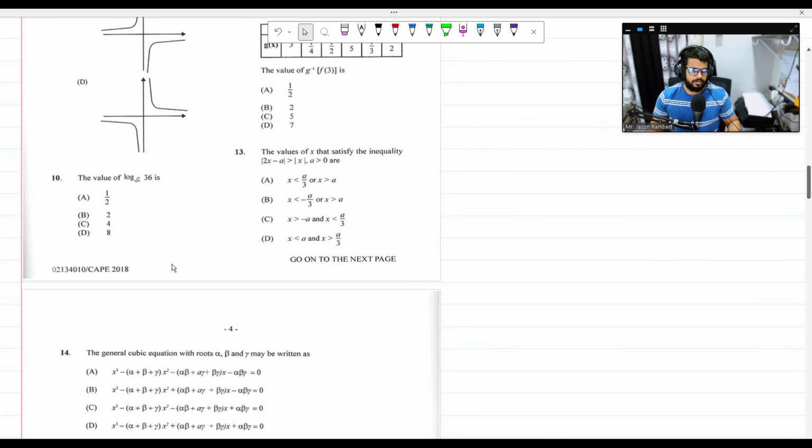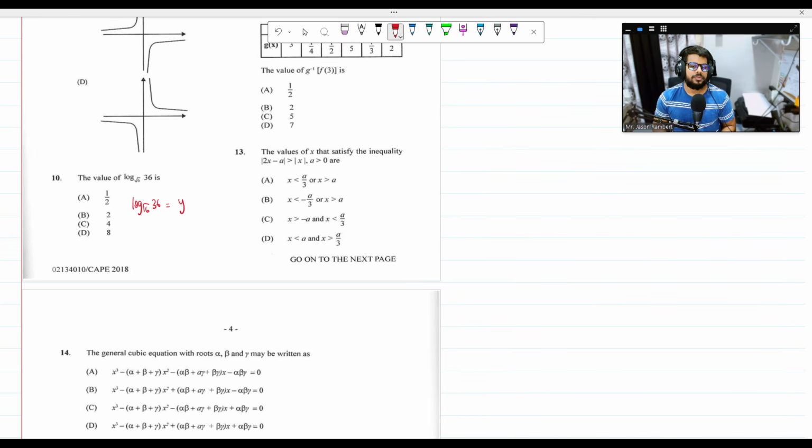The value of log 36 to base root 6 is... again, some of you could plug this into your calculator. But here was the scene: I know I'm going to use change of base. Log 36 to base root 6 is equal to a number. I'm going to say y.